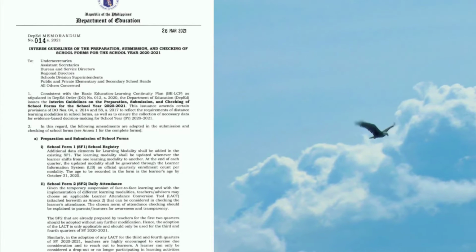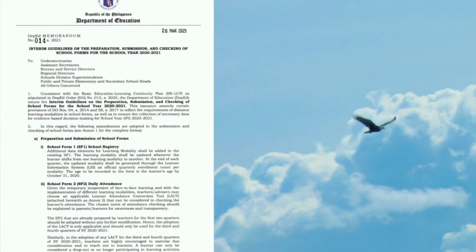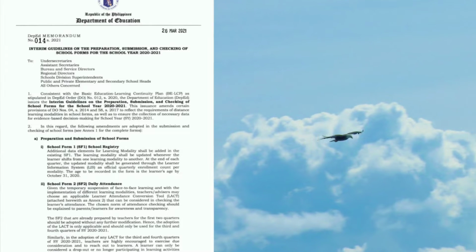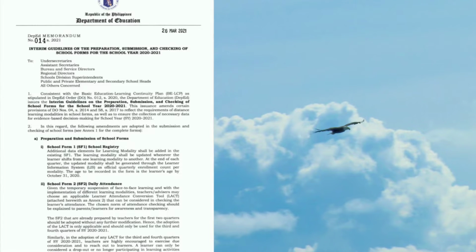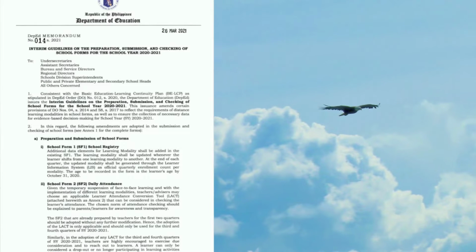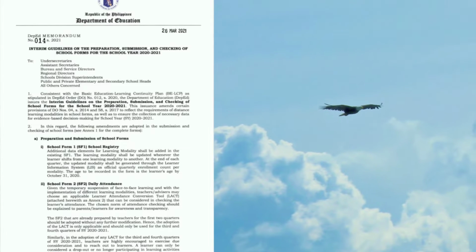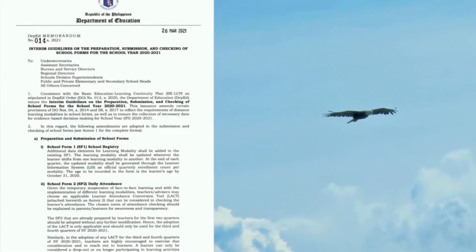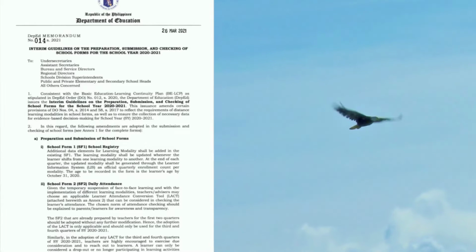Our revisit is based on DepEd Memorandum Number 14, Series 2021, issued last March 26, 2021: Interim guidelines on the preparation, submission, and checking of forms for the school year 2020-2021. It is also stipulated in this memorandum that the annual checking of the school forms shall only be done at the school level.